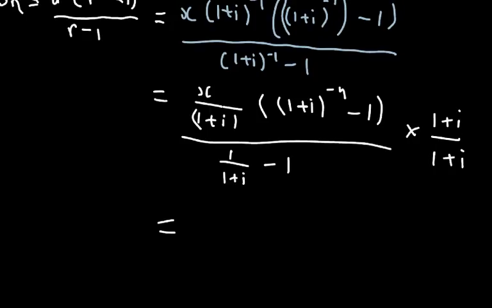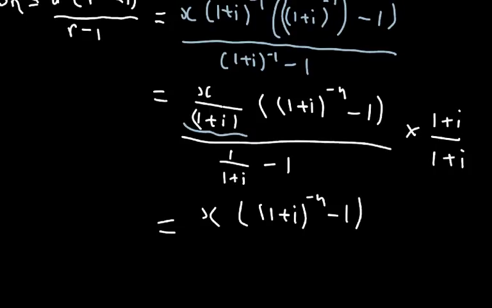The effect on the front part is that it cancels out this denominator at the bottom, so that's going to disappear. On the next line you're going to see just a plain old x in front, and inside the bracket we're still going to have (1 + i)^-n, minus 1.